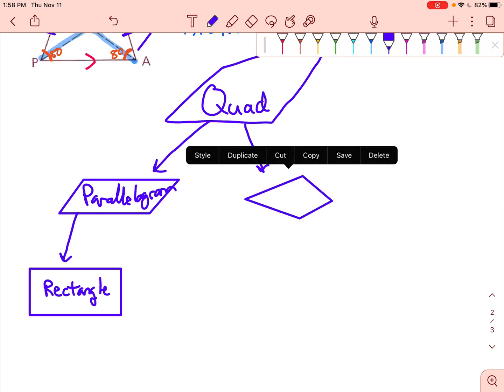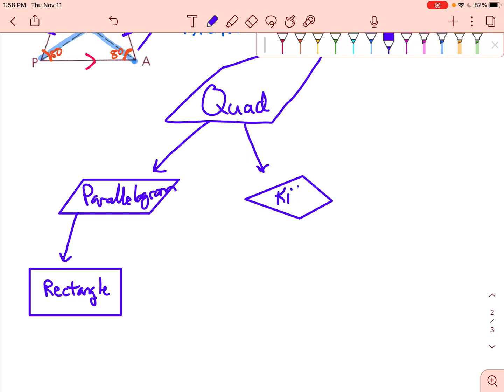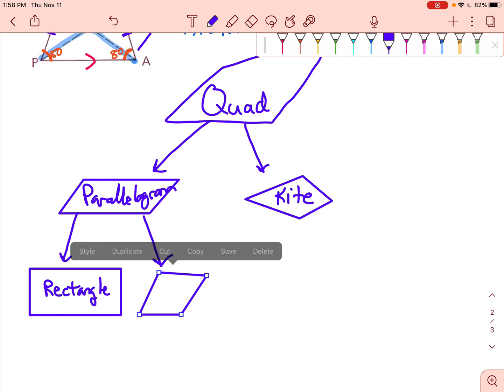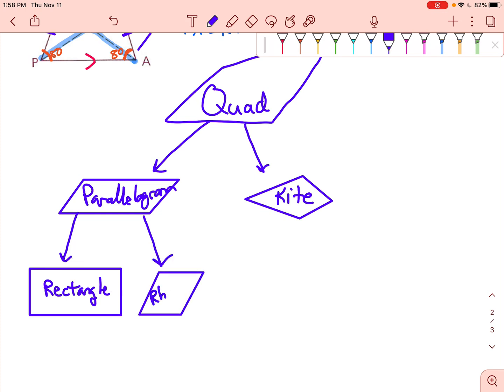Trying to draw this nicely. So we can have a kite, okay? And we can have a rhombus. A rhombus has all of the properties of a parallelogram, if you remember. So a rhombus is a parallelogram right here.